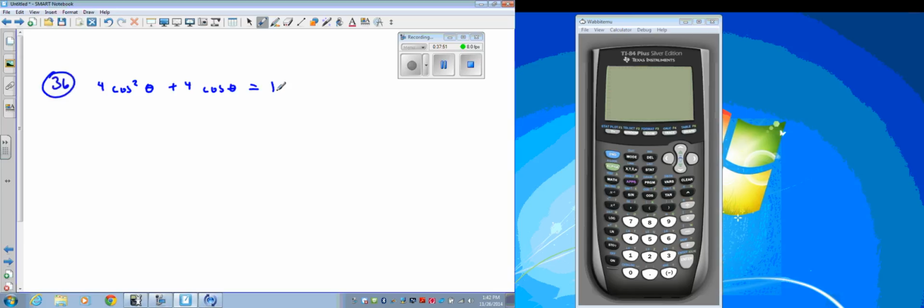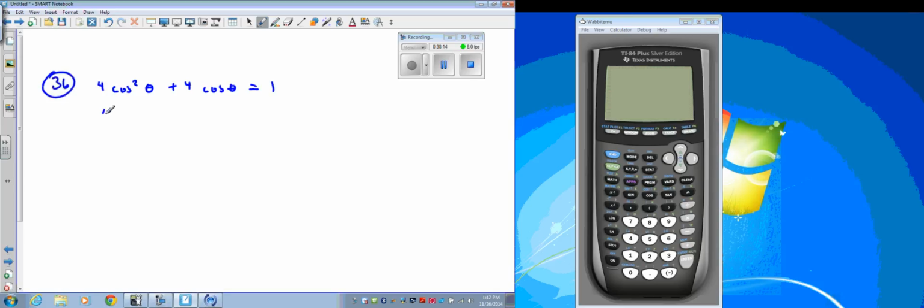But you're not going to get any place because you don't have 0. You either have to move the 1 over and then try to factor it, but you're going to find out it doesn't factor.